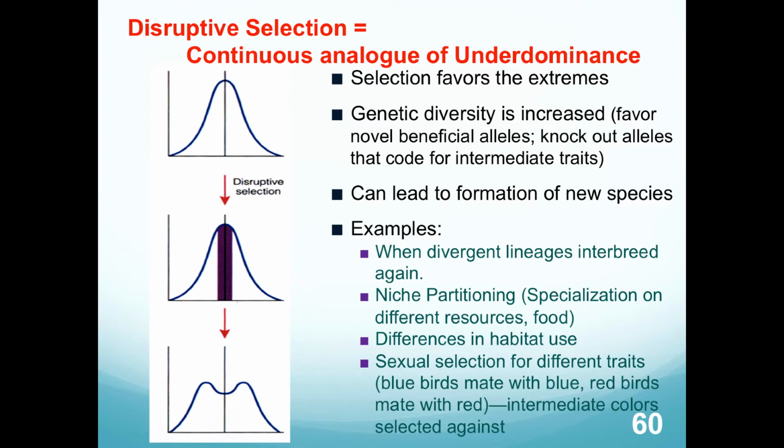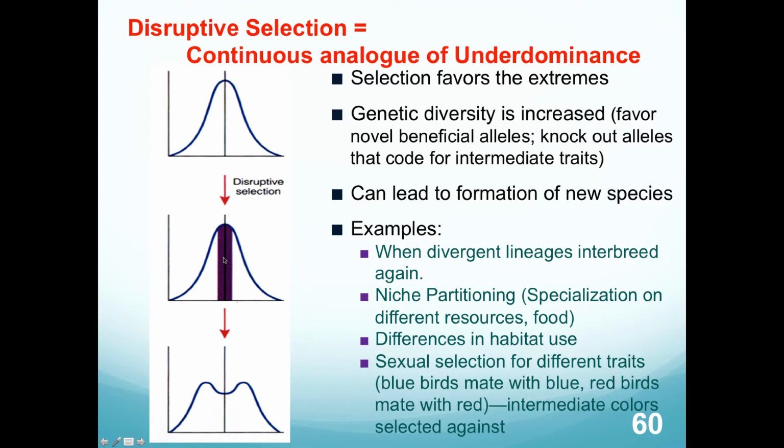The analogous type of selection for a continuous trait is disruptive selection. Disruptive selection occurs typically when you have two divergent lineages that have been living allopatrically, meaning in two different geographic locations and adapting to two different habitats. When those two populations interbreed, there will be selection against the hybrids, and the hybrids will basically have the mean trait.